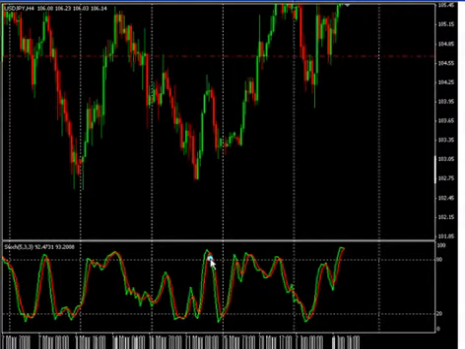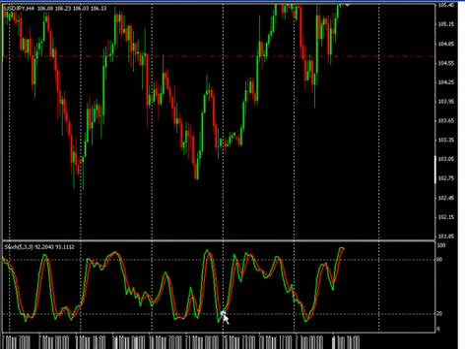Crosses, in this case, the slow line, the signal line, which is the red line. When you cross from below the 20, right here in this area, that is a buy signal. And in that case, it would have yielded a pretty good buy signal.